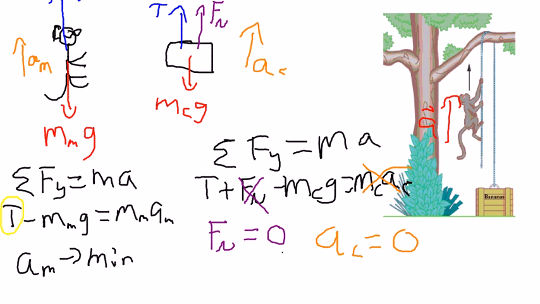In fact, I believe it's what we're asked to solve for in part C of the problem. The acceleration of the monkey we do not know, and we're trying to determine as well. So what we can see is that we have two equations here with only the same two unknowns, and so we should be able to solve. So I'm going to leave things there and let you guys run with that as you try to solve.